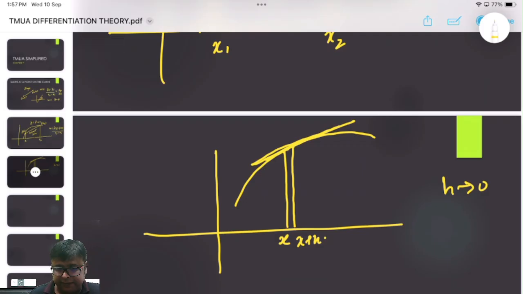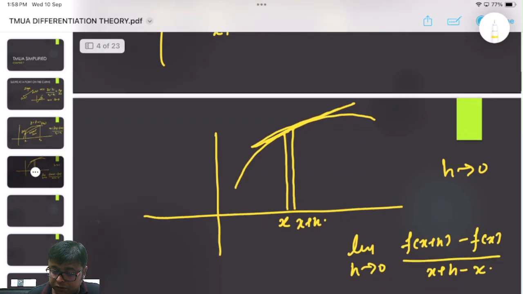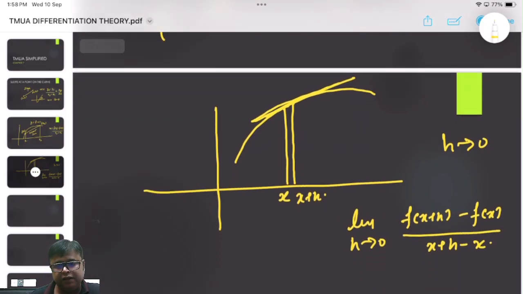So under the limiting case, where h is tending to 0, y2 is f of x plus h, y1 is f of x, and y2 minus y1 upon x2 minus x1, that is x plus h minus x. This will again give me the slope of this tangent, or the slope at a point on the curve, right? And this is what we define as dy by dx.